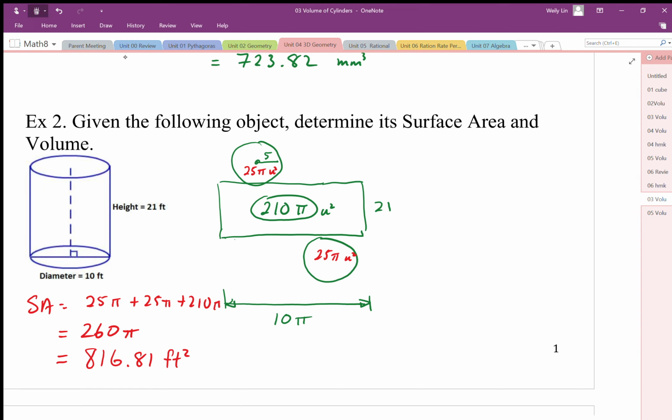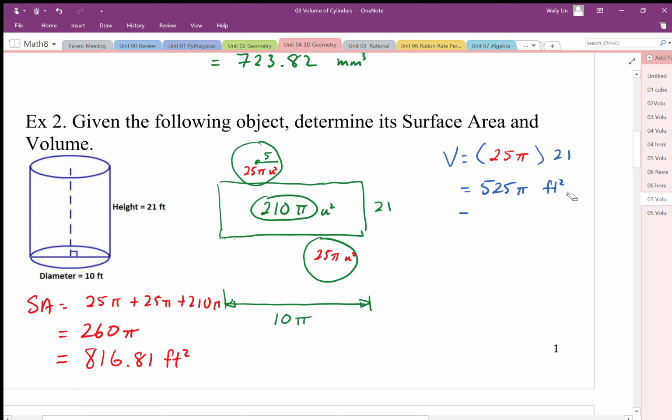To calculate the volume then, the volume is much easier to calculate because now we have the area of the base, and the height of this cylinder is 21 feet. So we're going to use the area of the base as 25 pi squares, and then multiply that by 21. So 25 times 21 is going to give us 525 pi square feet.